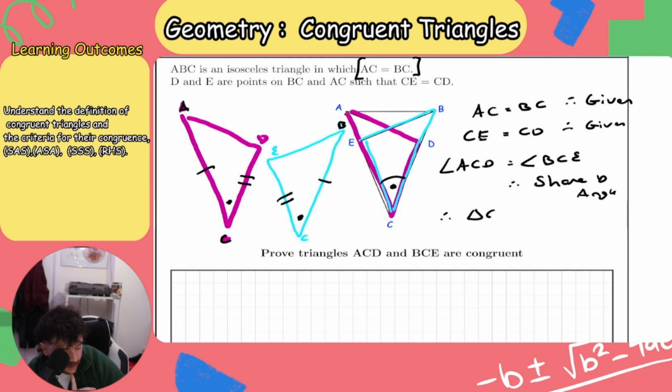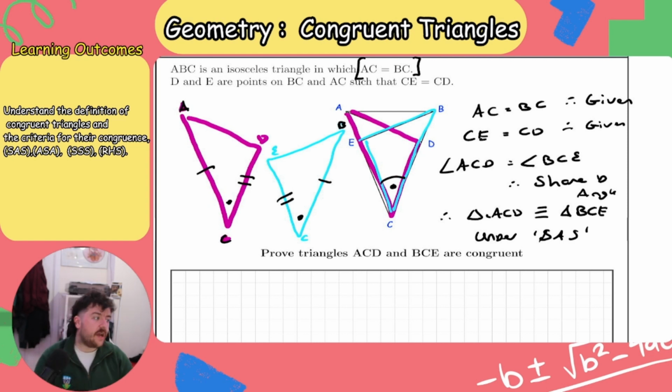Therefore, triangle ACD is congruent to triangle BCE under SAS, so side, angle, side. That is how you write out the proofs for congruent triangles.